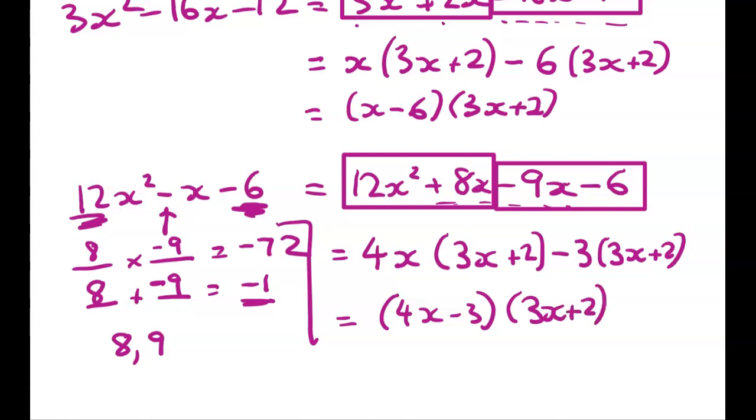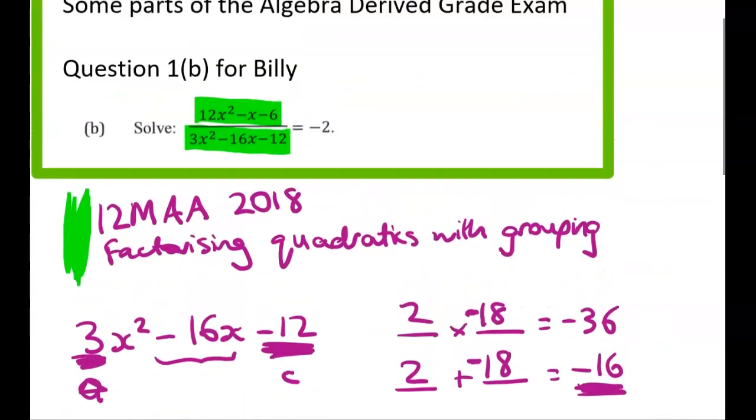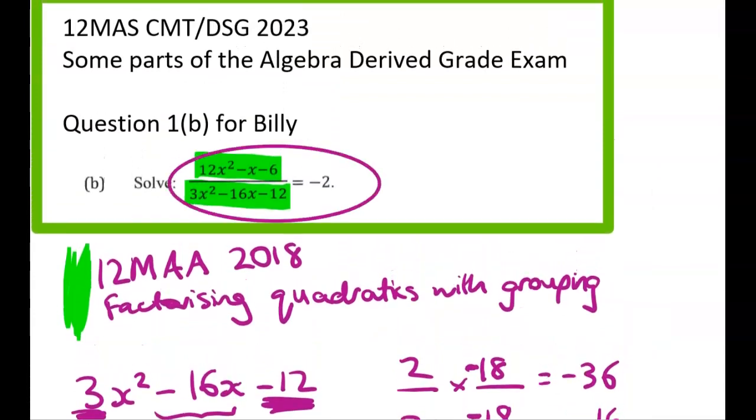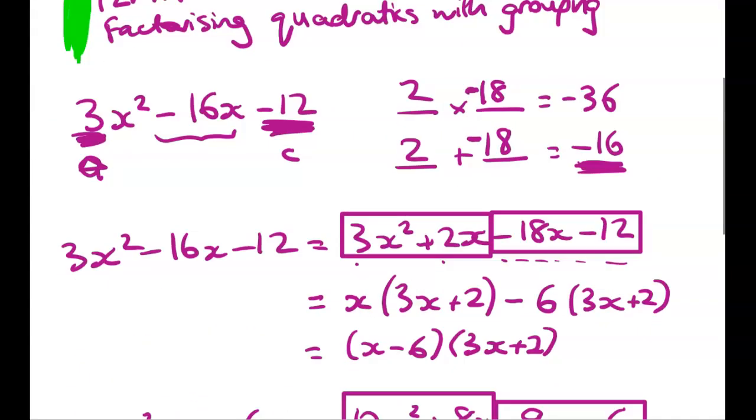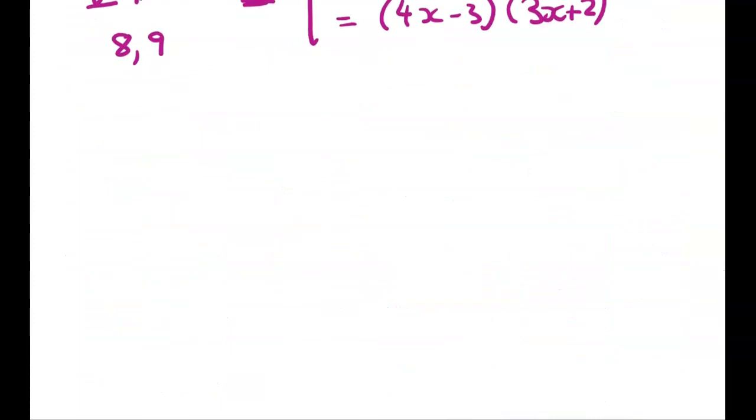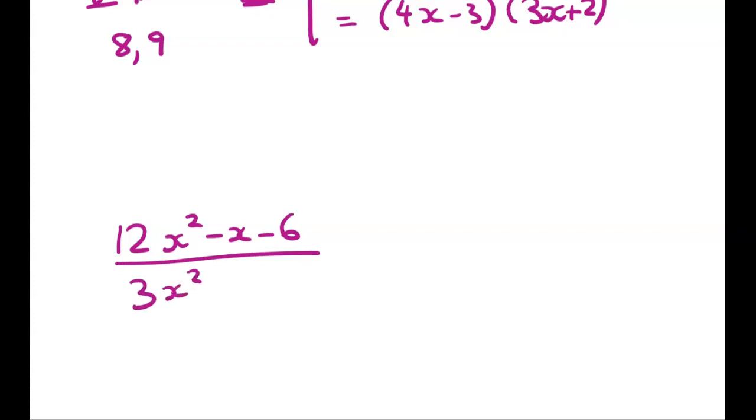So let's go back to the question, because now we're going to rewrite this with our factorised expressions. We had 12x squared minus x minus 6 over 3x squared minus 16x minus 12 equals negative 2.